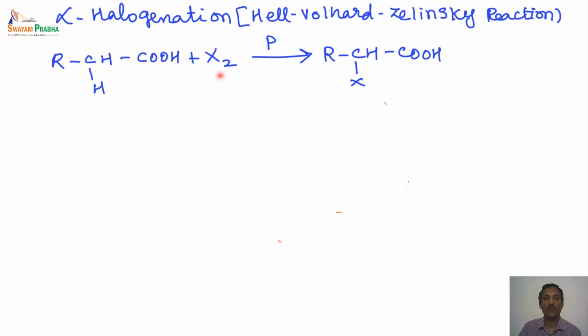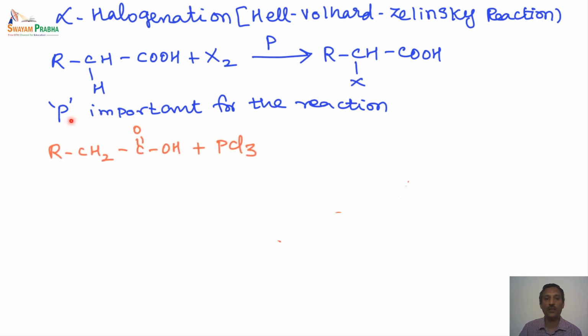So the carboxylic acid when treated with halogens in the presence of phosphorus gives this particular halo derivative. For this reaction to happen, the phosphorus is very important. In the absence of phosphorus, this reaction does not produce a measurable yield of the corresponding halo derivative. We will now find out why phosphorus is important for this particular reaction.